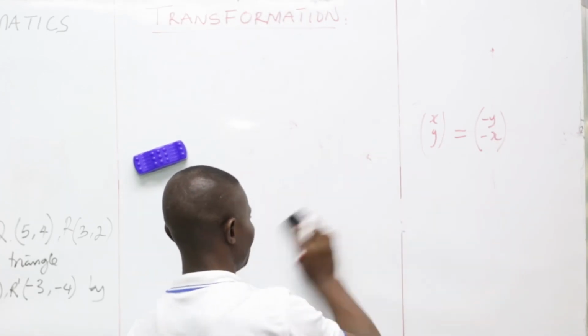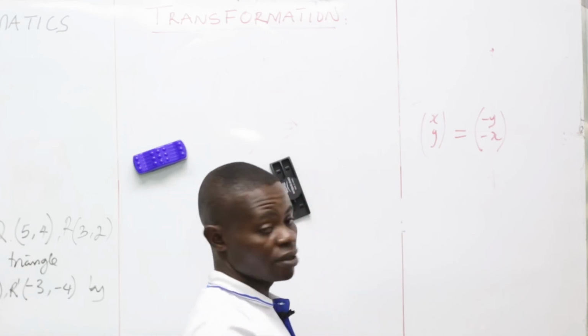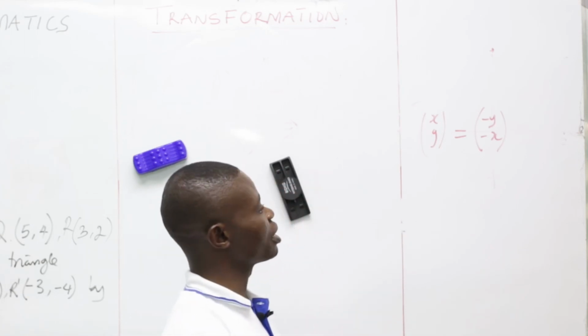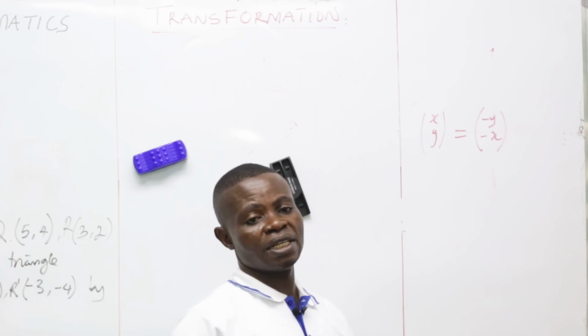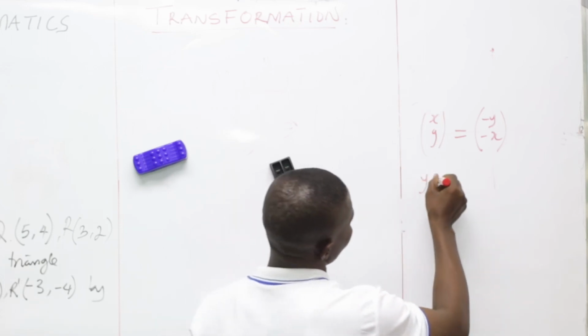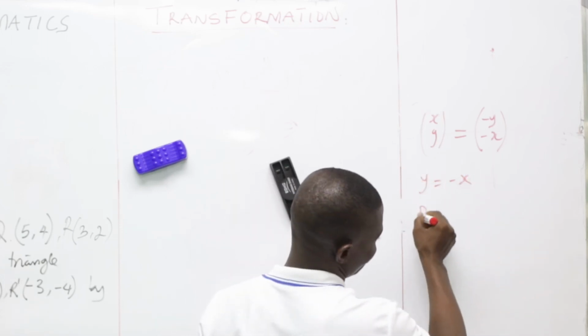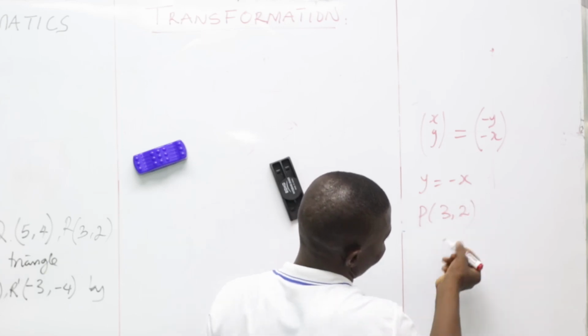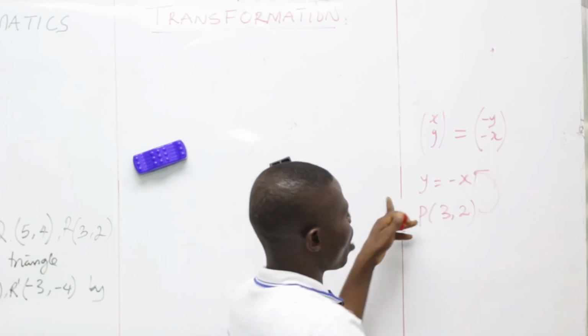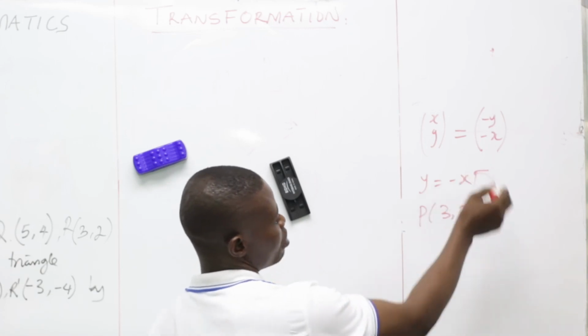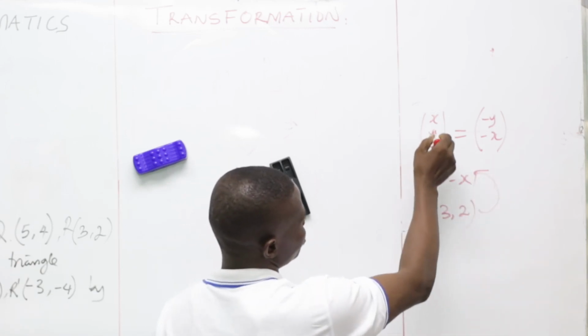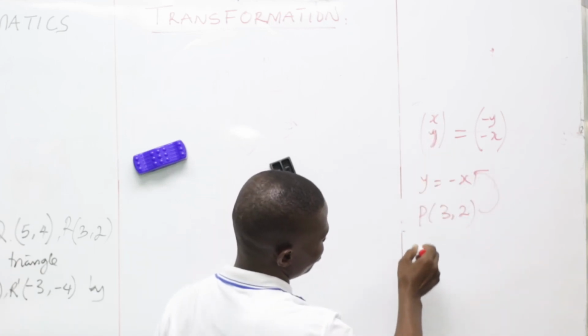So if the point P (3, 2) is reflected in the line Y equals minus X, that is, if point (3, 2) is reflected in this line Y equals minus X, determine the image of it. What do you have now?